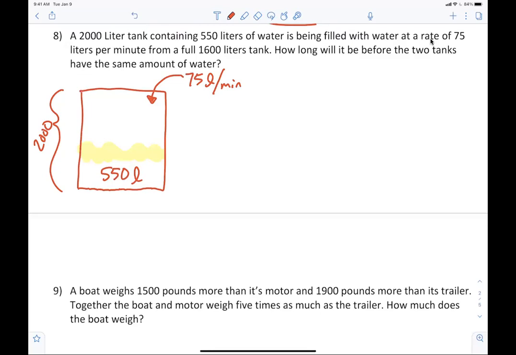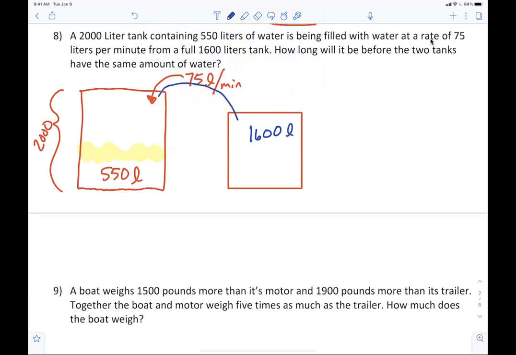All right. Now, it's being filled from what? What's this tank? Yeah, in this tank right here, there is 1,600 liters. And I'm dumping that into here. So does everybody see that the 75 liters is coming from the 1,600?